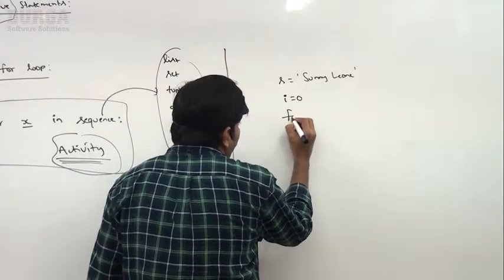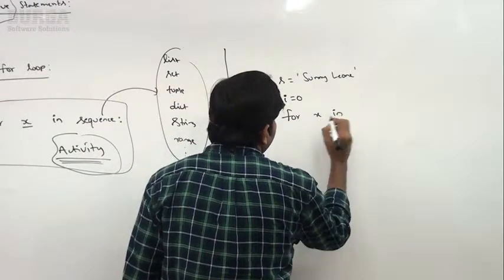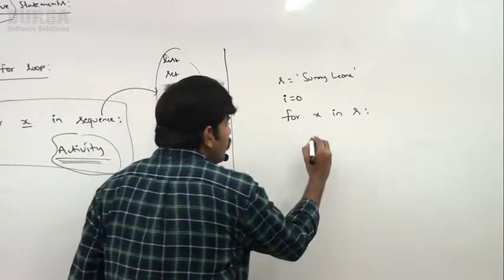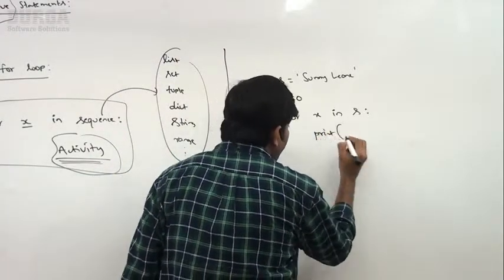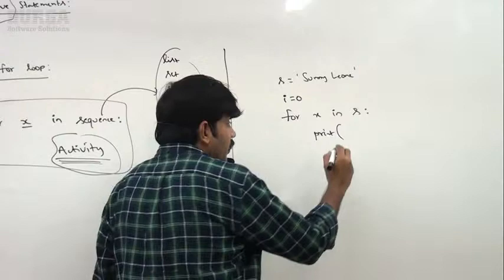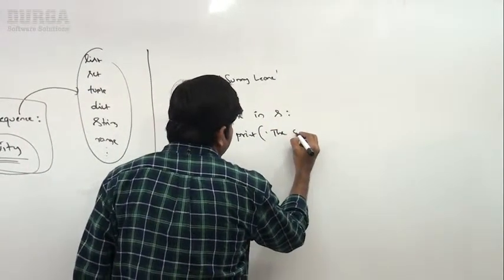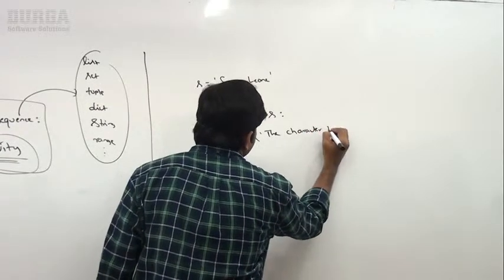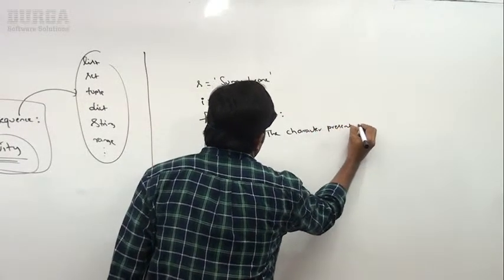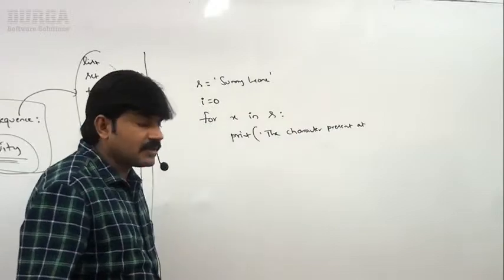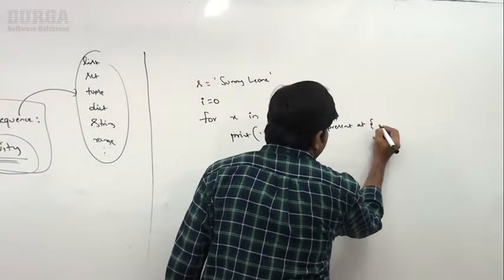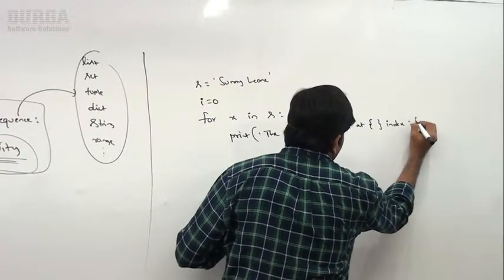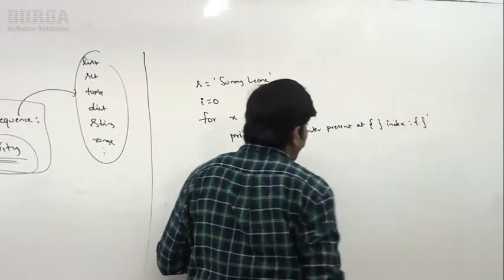For each character present in s, print the character present at index. Here for the index I'm using curly braces. Do you know what this is?